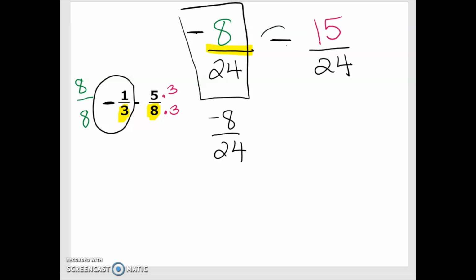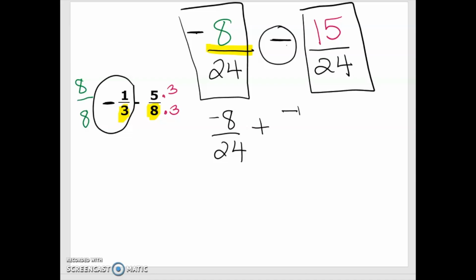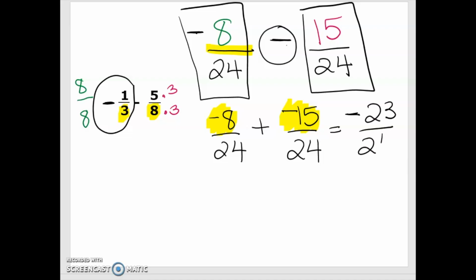I'm going to change subtraction to addition, and I'm going to change positive 15 to negative 15/24. So now I see that we have the same sign. Both of these are negative, so that means my answer will be negative. And I'm going to add 8 plus 15 is 23. So I have negative 23/24.